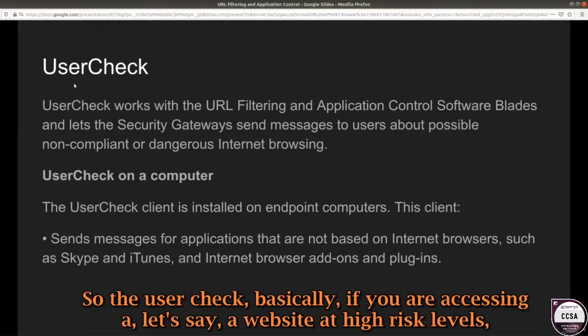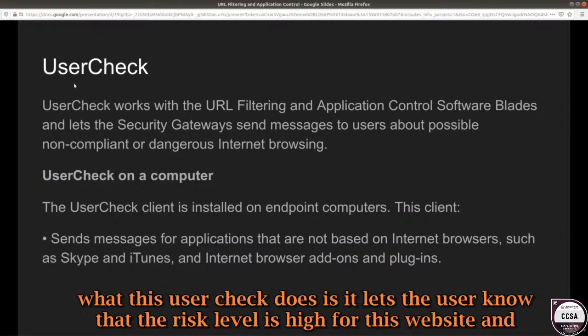So the user check, basically, if you're accessing, let's say, a website that has high risk levels, lets the user know that the risk level is high for this website, and all that good stuff.